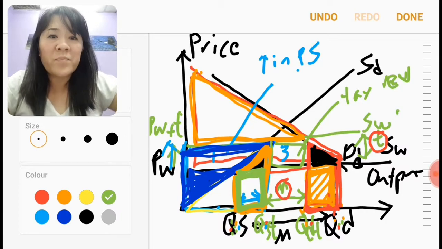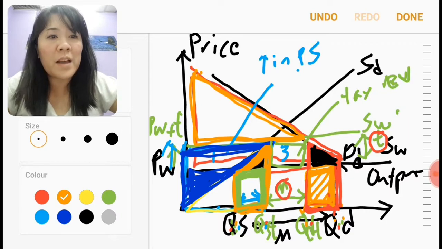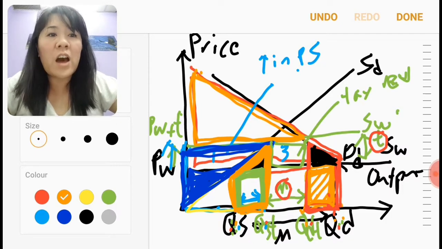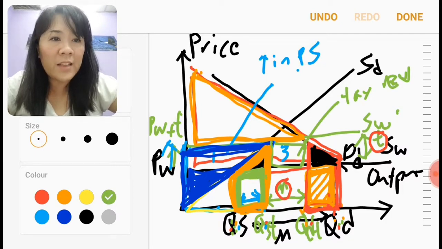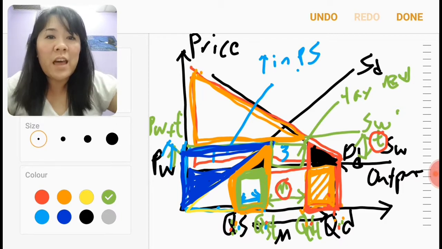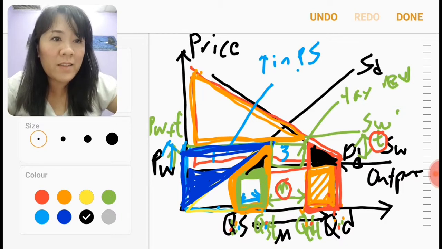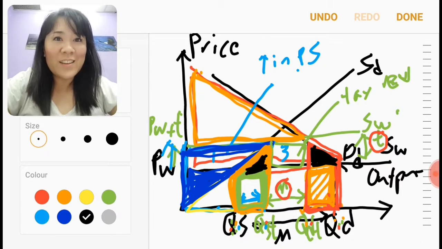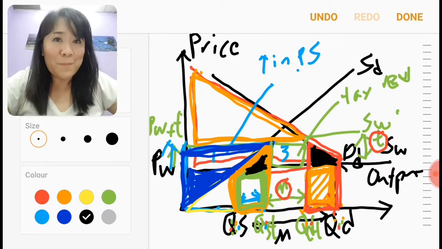But since the loss of additional production by domestic producers, as given by the orange trapezium, outweighs the gain from this additional production, the resultant deadweight loss is this triangle, area 2.